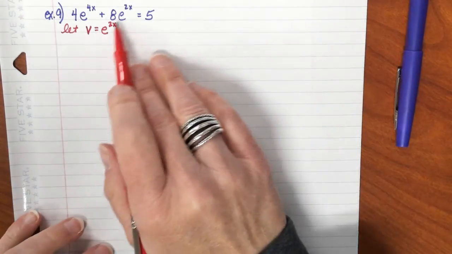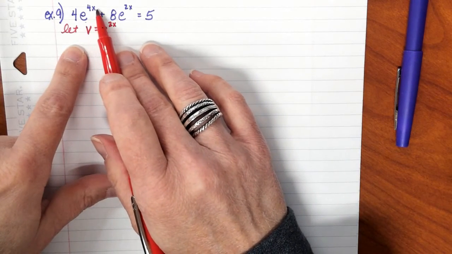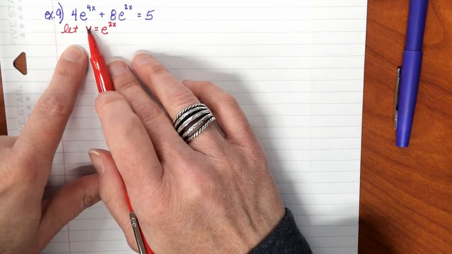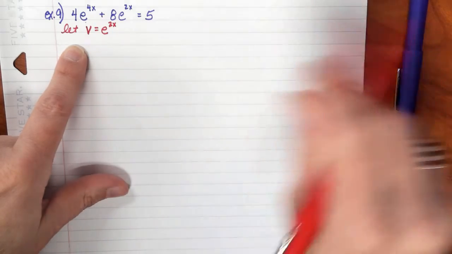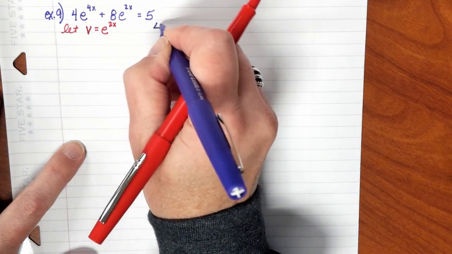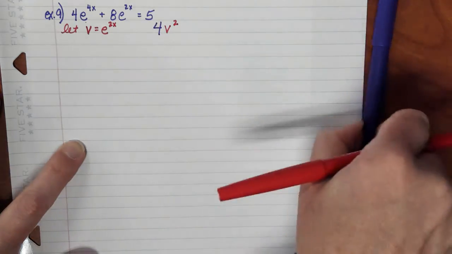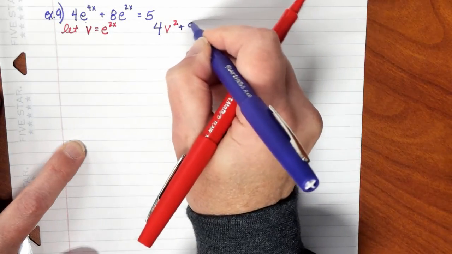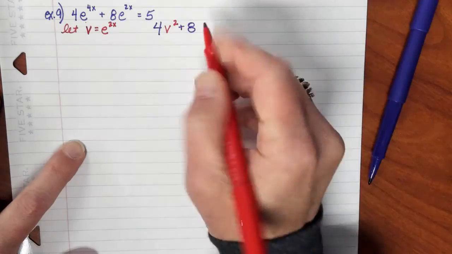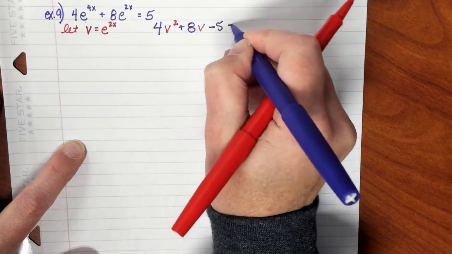If we do that, if we let this be V, then e to the 4x would be V squared, correct? So we could rewrite this as 4v squared plus 8v minus 5 equals 0.